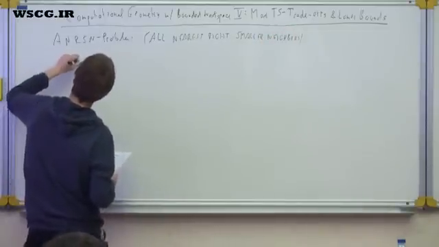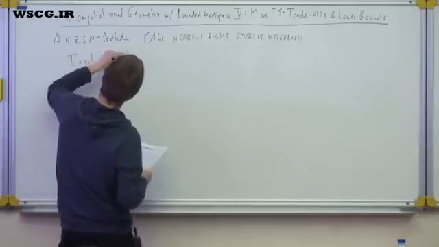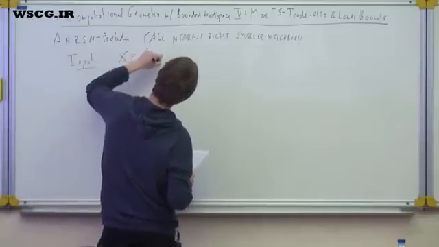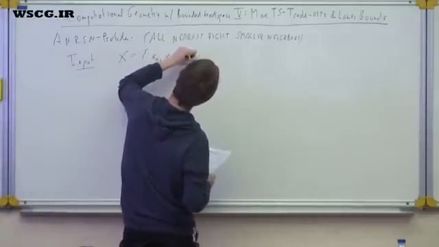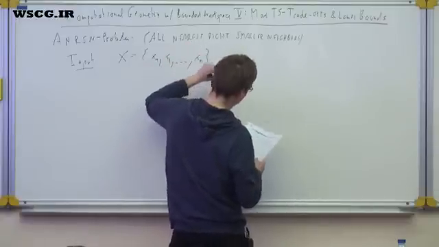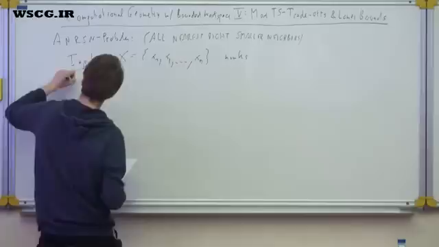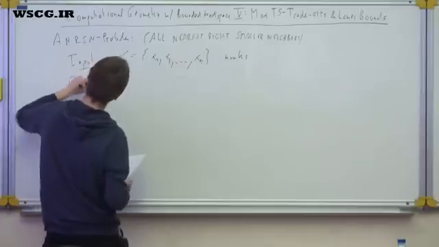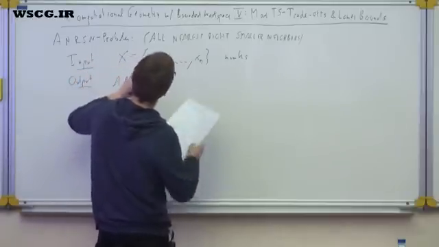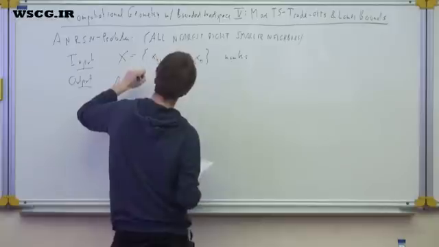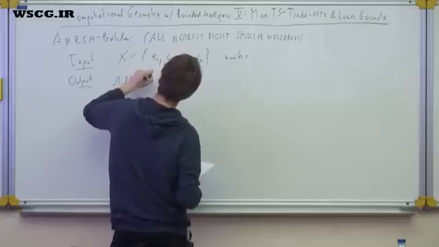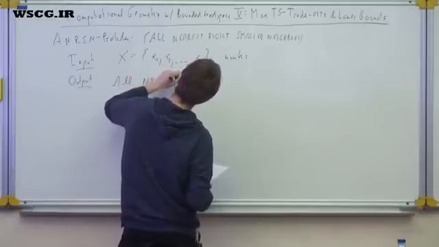So the input is a sequence x1, x2 up to xn of numbers, and the output is we want all nearest right smaller neighbor pairs. These are NRSN pairs.